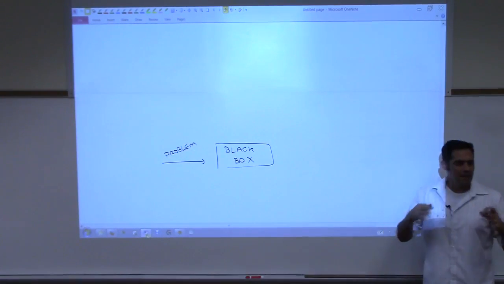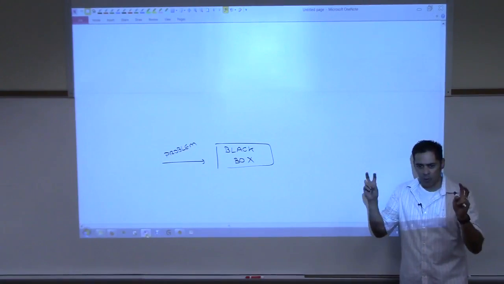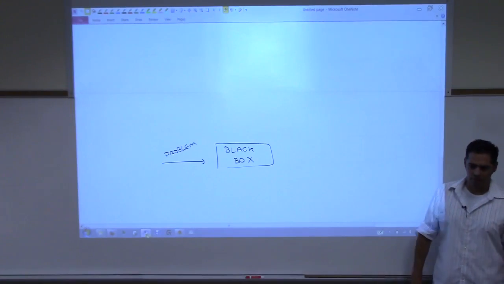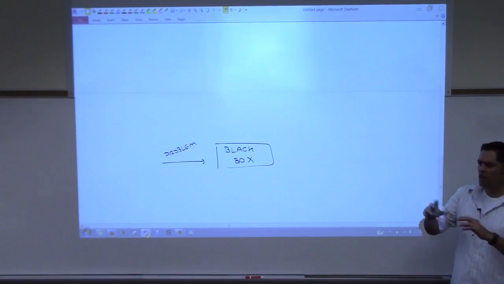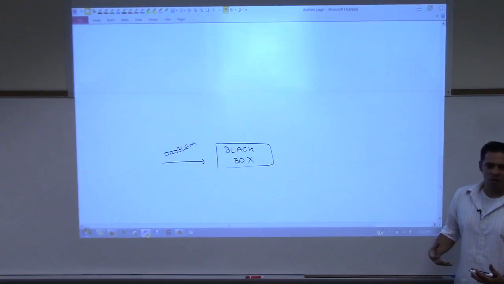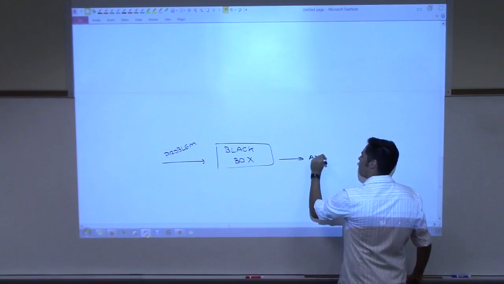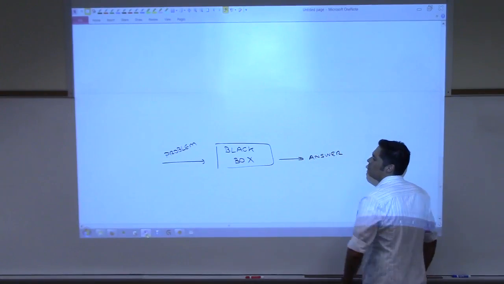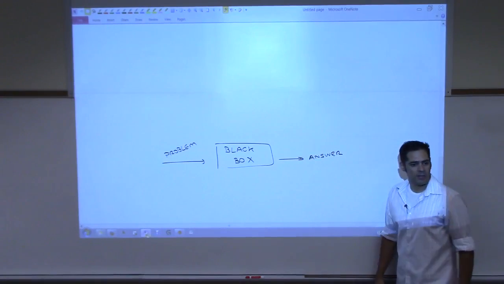Depending on what field you're in, every field usually has the program you use for that field, right? CAD, computer-aided design, everyone trusts that software, right? And you get your problem in, and then you get your answer out. Well, what's happening in the program is the black box.